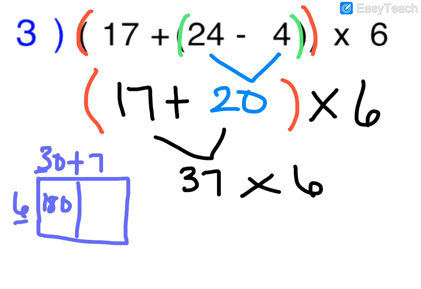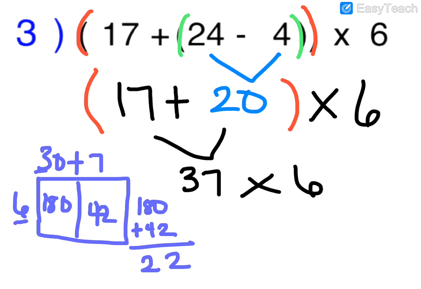And then if you know 6 times 7 is 42, you would take your 180 and add 42. 0 plus 2 is 2. And 8 plus 4, if you add 8, 9, 10, 11, 12 is 12. Carry the 1. 1 plus 1 is 2. And again, our answer is 222.